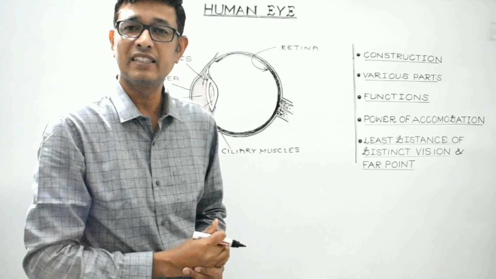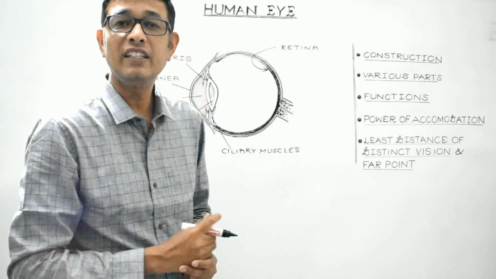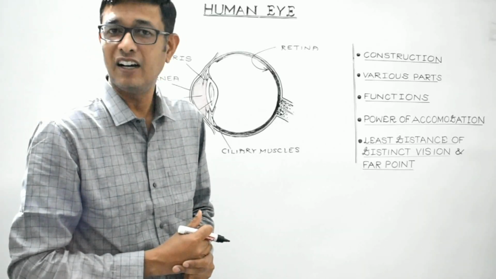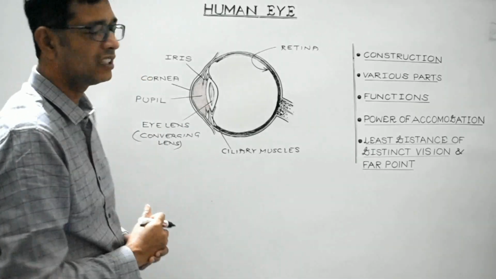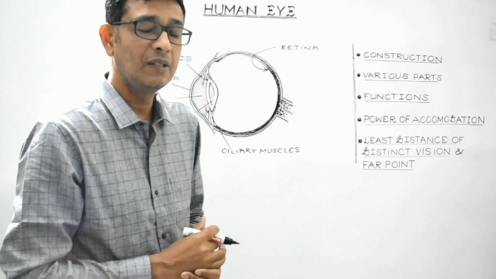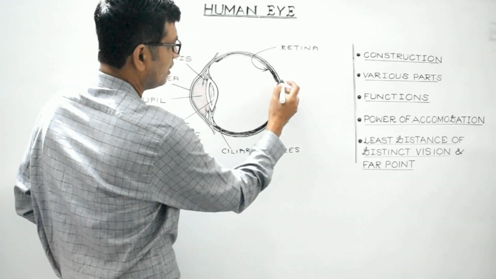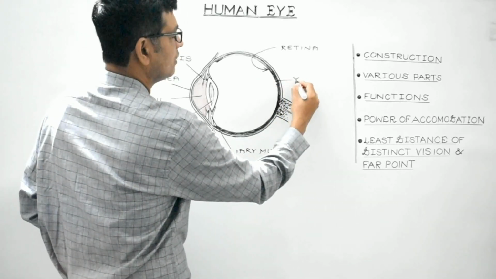Rods are very sensitive to the intensity of the light, while cones on the other hand are color sensitive. And also students, there are two distinct spots on the retina. One is the most sensitive spot, somewhere over here. It is known as the yellow spot.